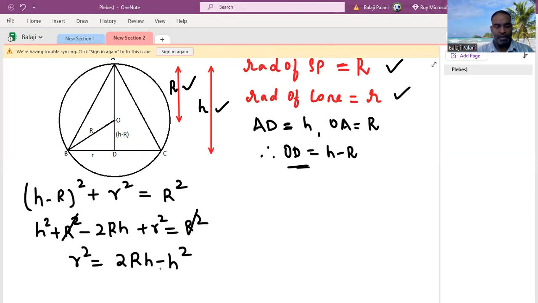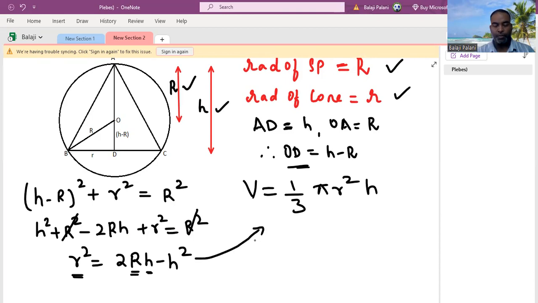Now, why do I do this? We have to find the volume of the cone where it is largest. So we are going to find the volume, which is 1 by 3 pi r square h. The radius of the cone is small r and the height is H. So that's why I've got r square here in terms of the fixed radius R and the height H. So I'm going to use it here in the volume equation.